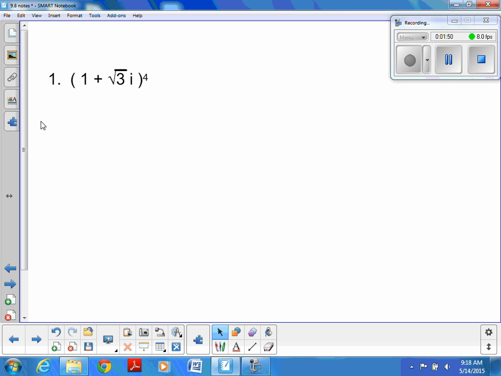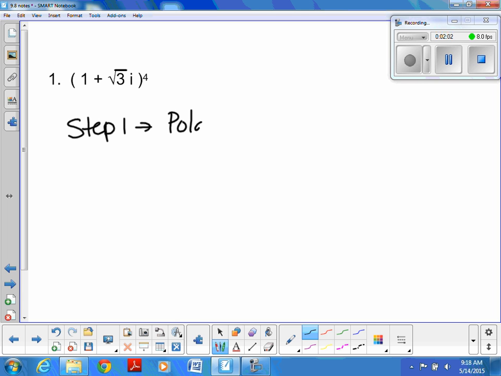So, ready to go? The first thing we need to do, step 1, we need to put this into polar form, which you should be very good at because that's all we've been doing the second half of the chapters. We need to put all of this, raised to the 4th power, in polar form. Don't we need an r, and don't we need a theta to figure out what that is?